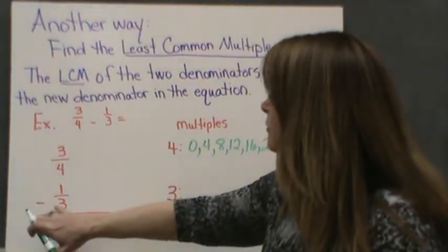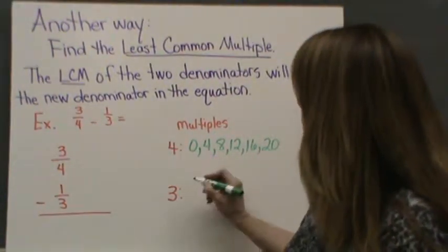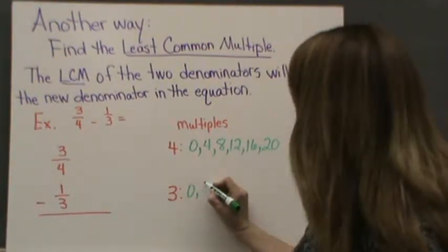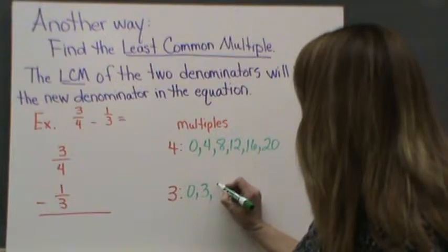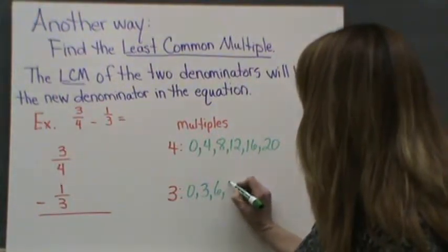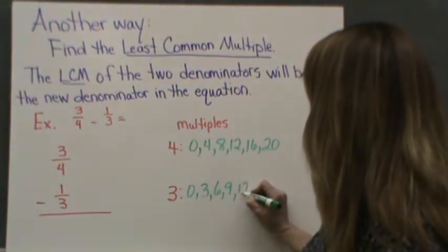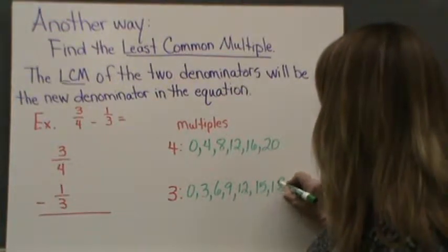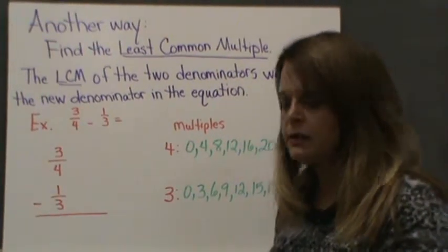Now I'm going to find all of my multiples of 3. 3 times 0 is 0. 3 times 1 is 3. 3 times 2, 3 times 3, 3 times 4, 3 times 5, 3 times 6. And I'll go out further if I need to.